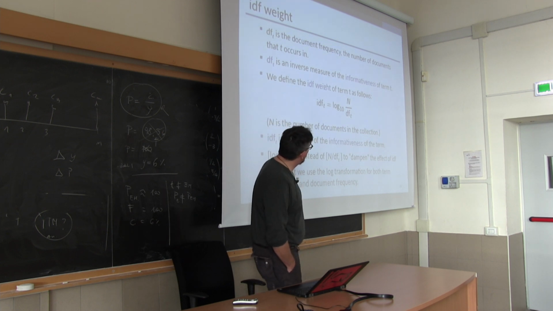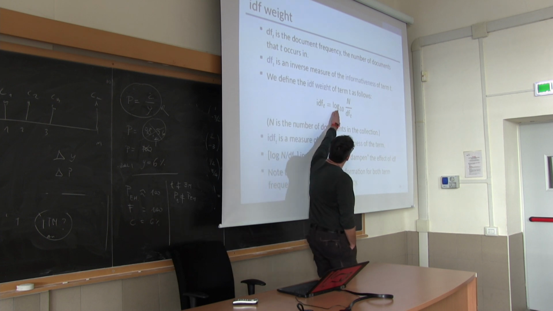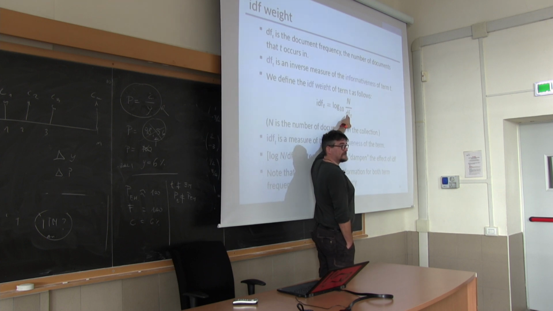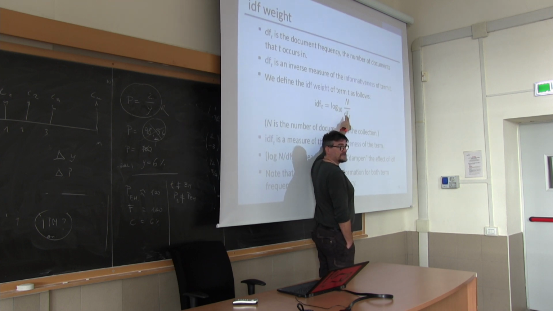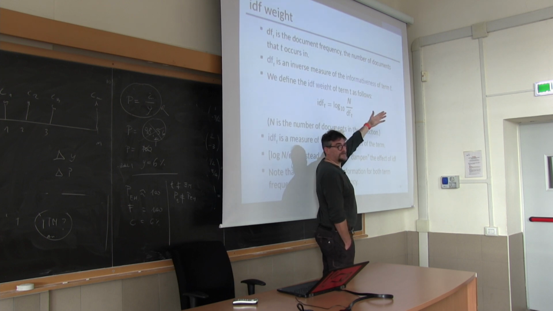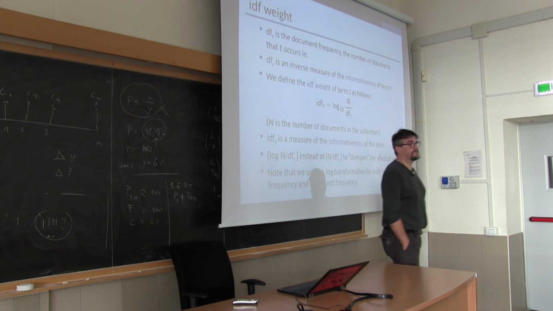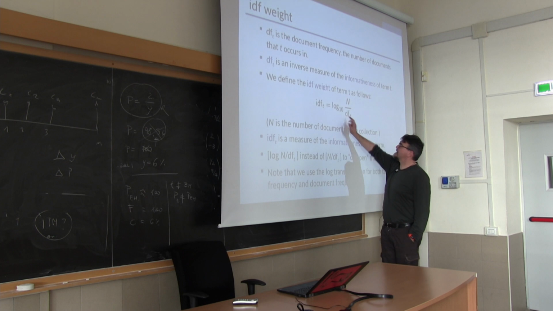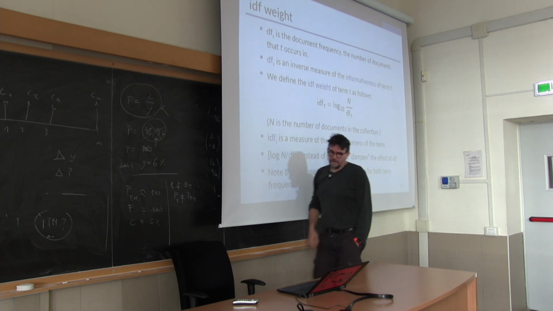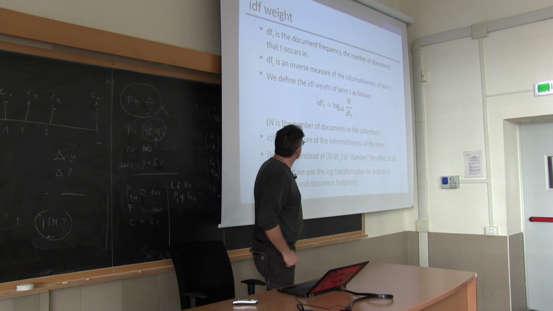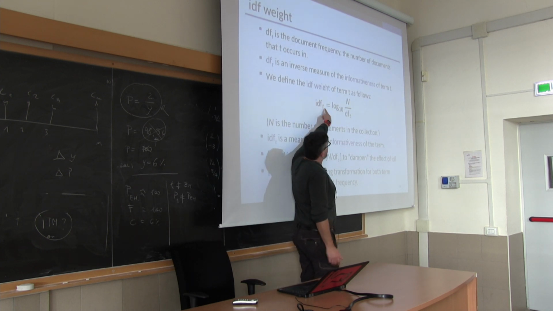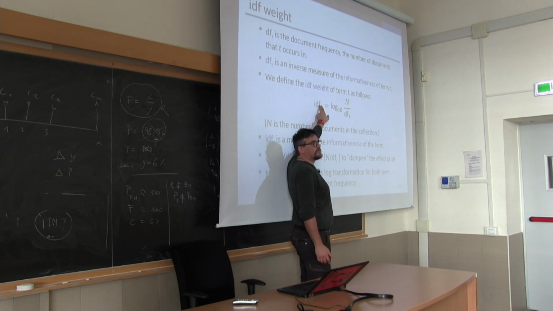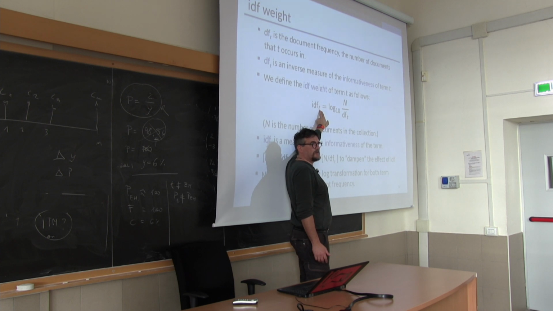Now, the IDF weight is again a logarithm of the inverse of this frequency, because the more rare the term is, the bigger we want its contribution in the scoring. This is why we have the inverse. IDF stands for inverse document frequency of the term t.